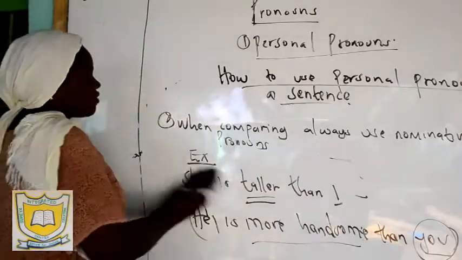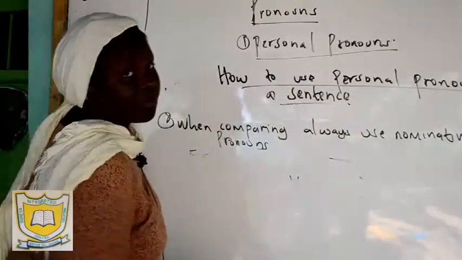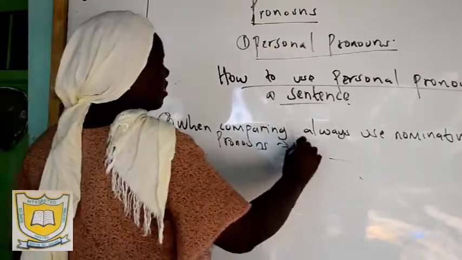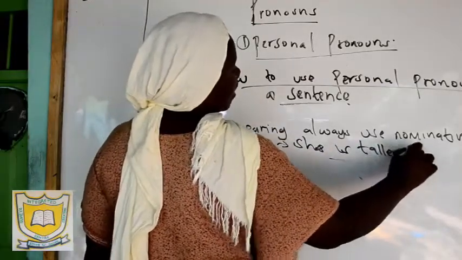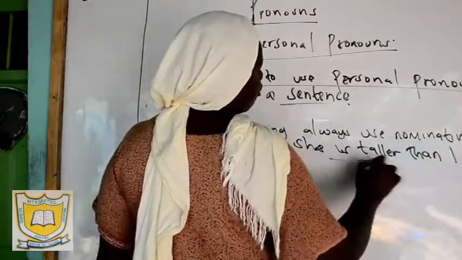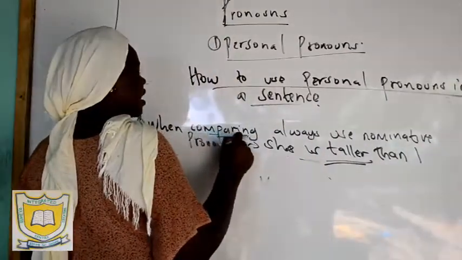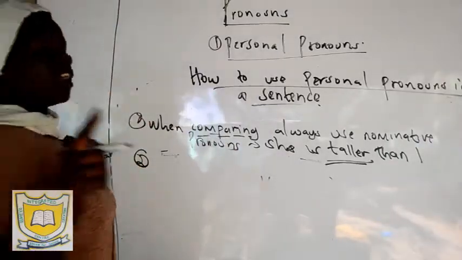Number two, when given two subjects, also always use the nominative pronoun. So rule number two. Example here, we can say she is taller than I. When I say comparing, you should underline comparing, which means the comparative degree of adjectives.